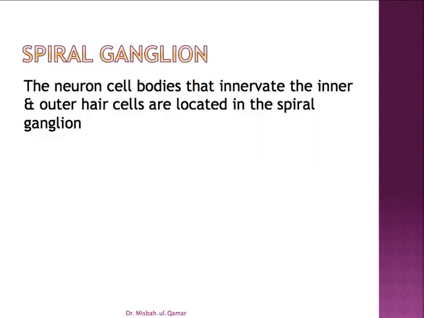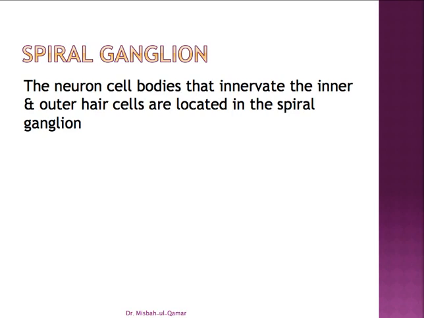Now, what is the spiral ganglion? The neuron cell bodies which innervate the inner and the outer hair cells are located in the spiral ganglion. Now, the bony channel that connects the ganglion travels in a spiral direction toward the apex of the cochlea, and that is called the Rosenthal canal.